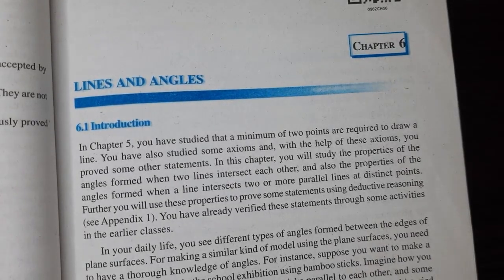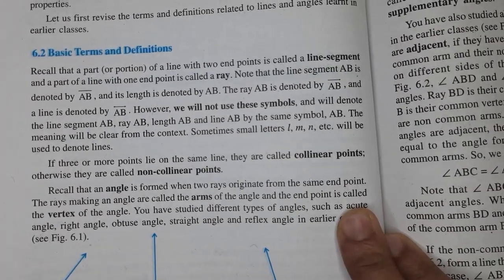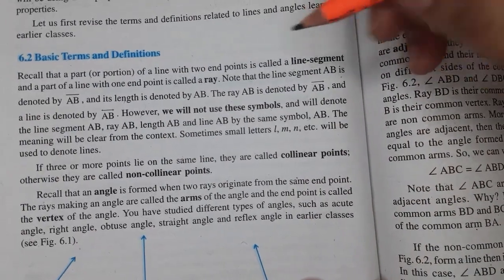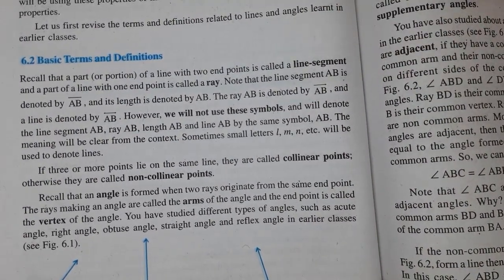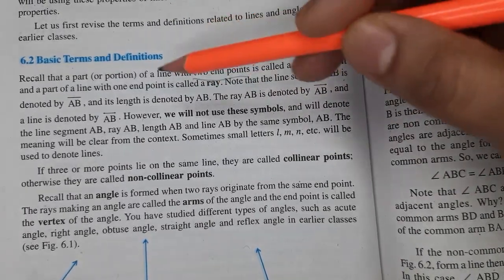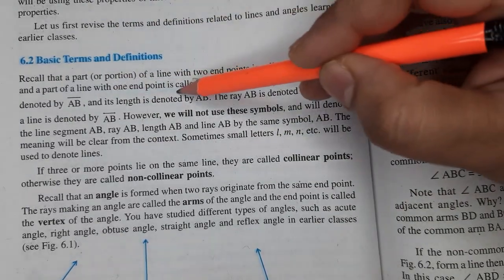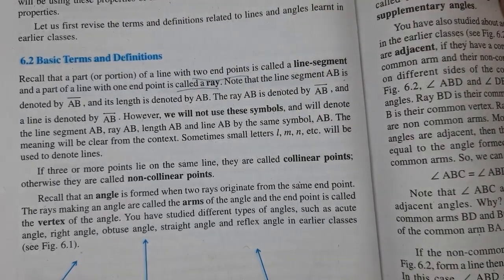Let's understand the basic terminologies used here. As we all know, a line segment is a portion of a line which has two endpoints. With one endpoint it is called a ray, which means on the other side it will extend till infinity.